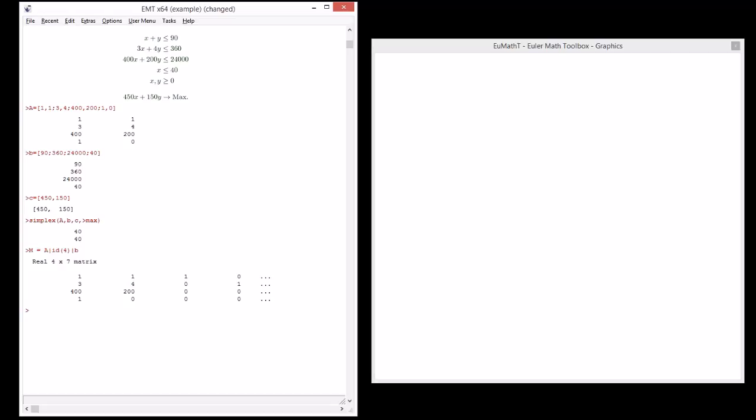So we select another format. We take a fractional format with about 10 places for each number. That should do it. We need below this matrix the target function C. And now we can start the simplex algorithm.